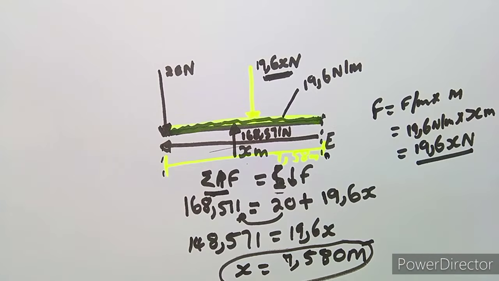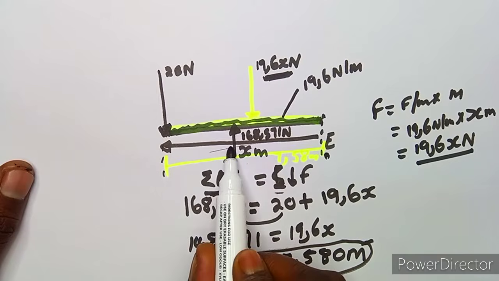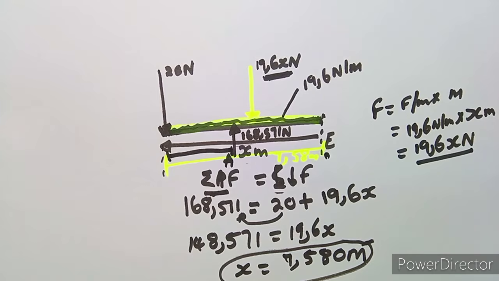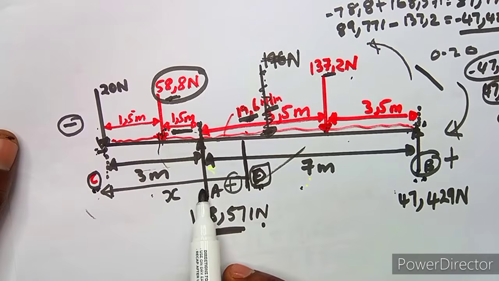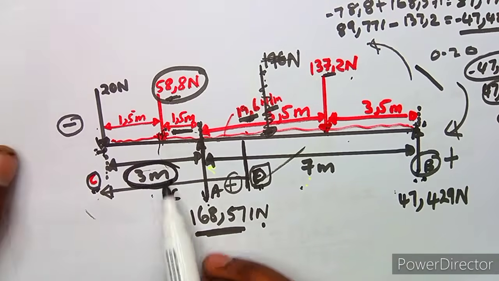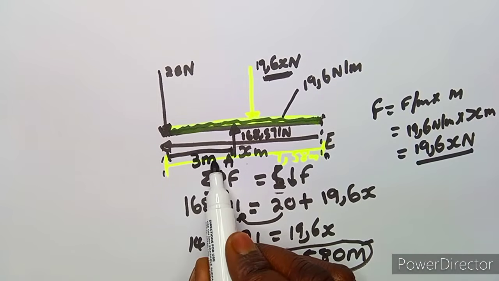Okay, this is it, guys. There's something that is actually missing that we need. I don't know how clear it is going to be on this diagram, but I hope you're going to see it. Remember, this is the support A, and we know the distance before on the diagram, the distance that was for A. We know this one from the diagram. Remember, from C up to A, this distance is 3 meters.